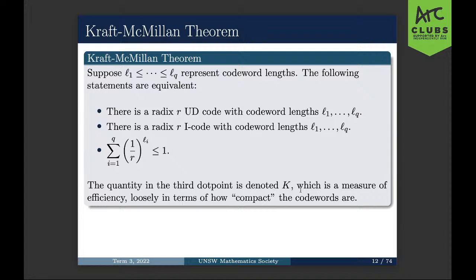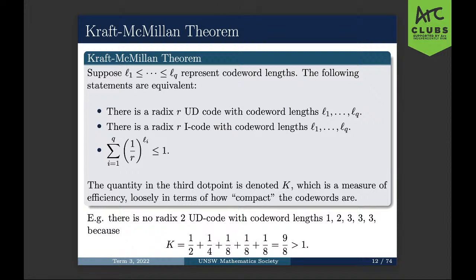You might have seen another way of describing this, something like how much of the decision tree is used based on the code word lengths. But you can look back into the lectures if you want.